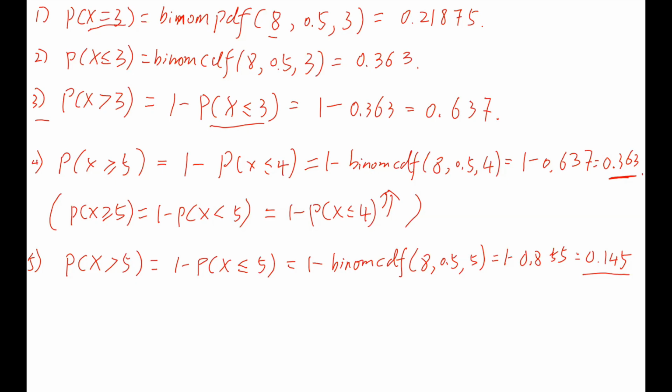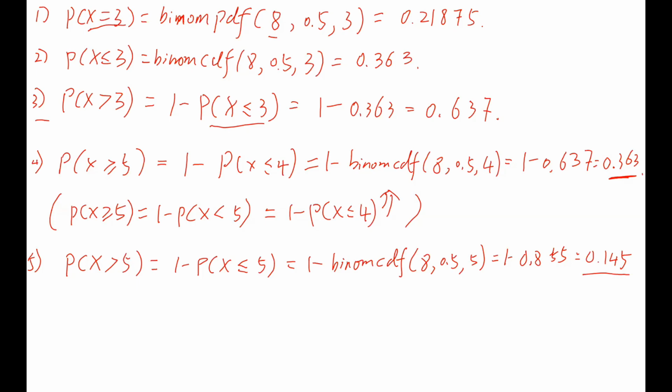Anybody can figure out another way to solve this problem? X greater than 5. Is there another way to solve this problem? We could take the answer from the previous problem and then just add the PDF of x equals 5.